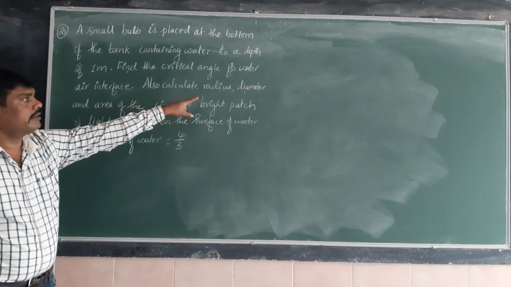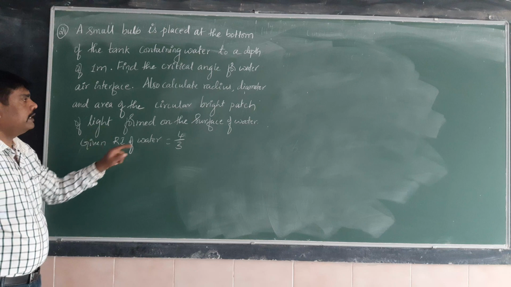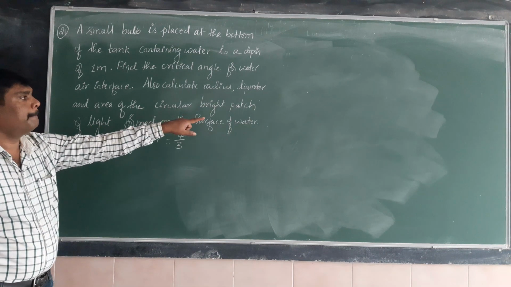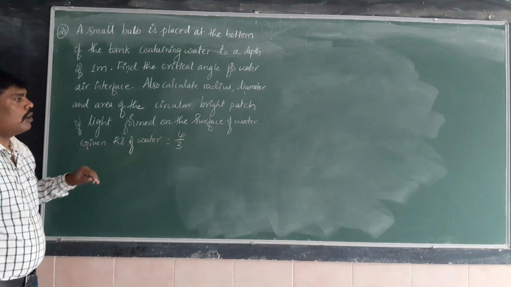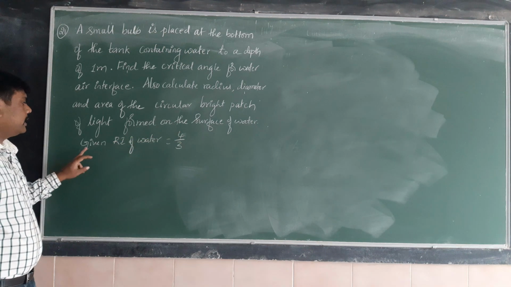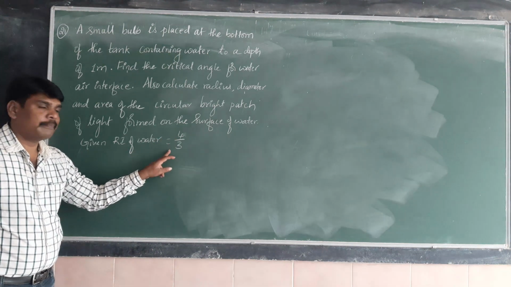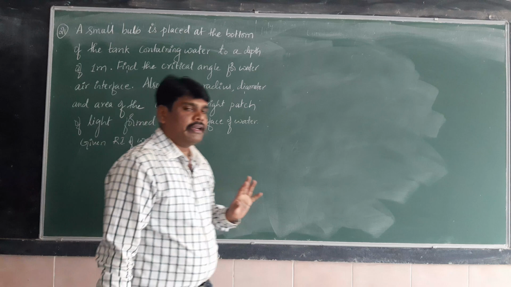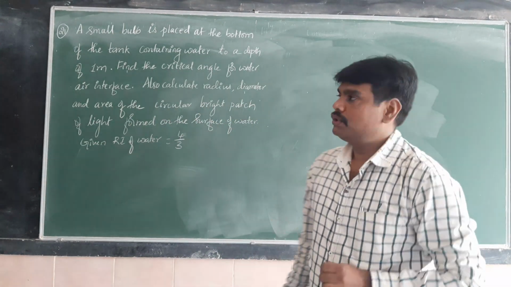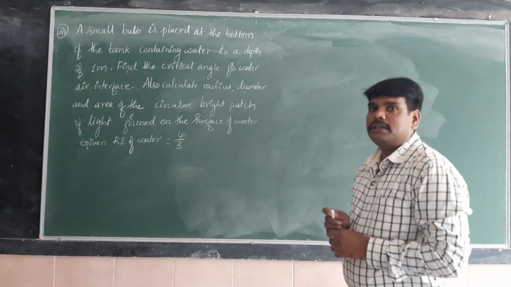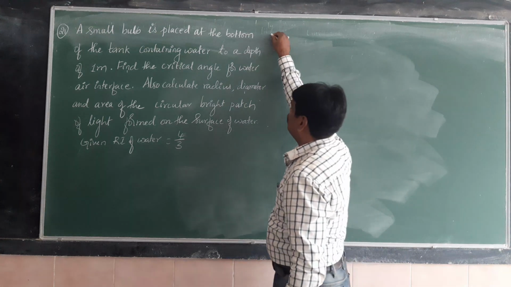Also calculate the radius, diameter and area of the circular bright patch of light formed on the surface of water, given the refractive index of water equals 4 by 3. See, this problem is a very important concept for competitive examinations. These types of problems are usually asked in competitive examinations.